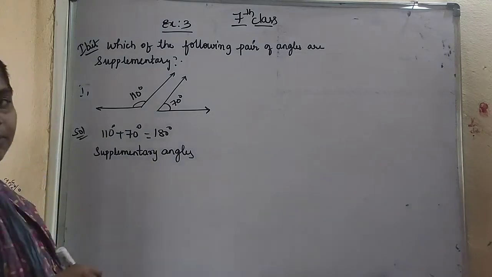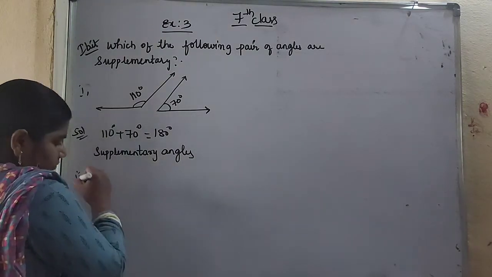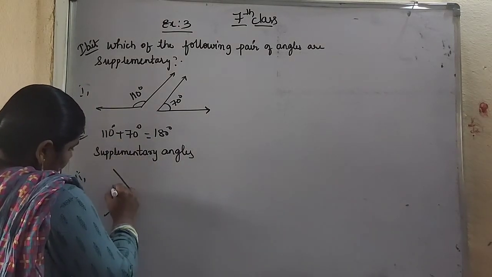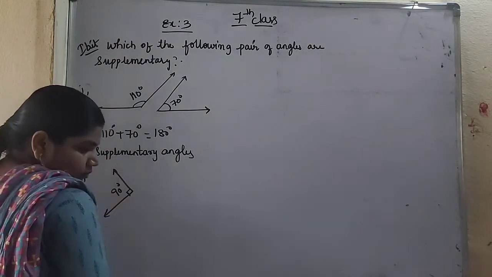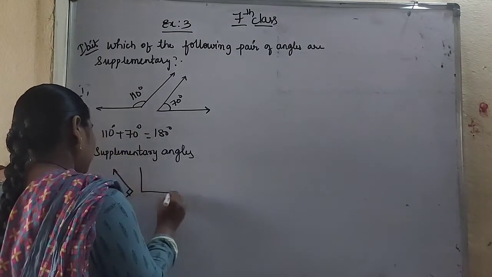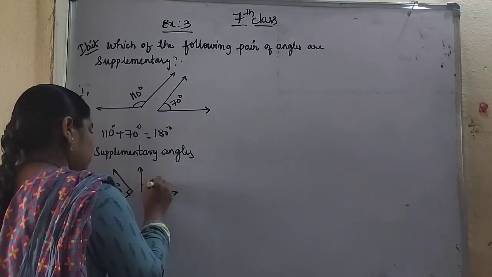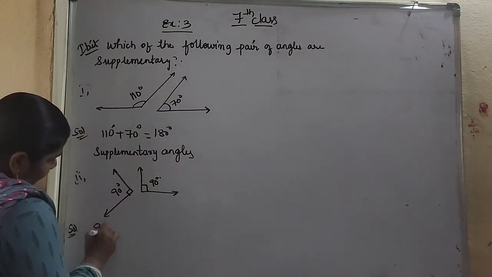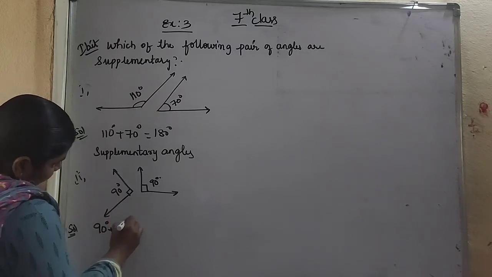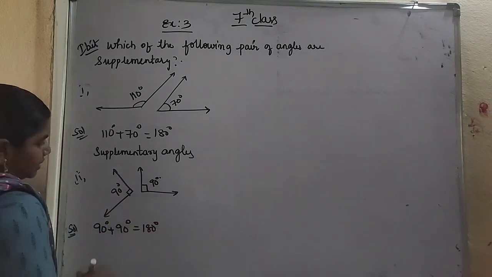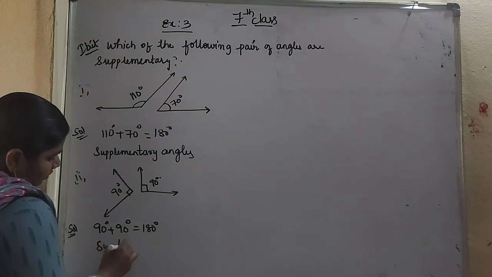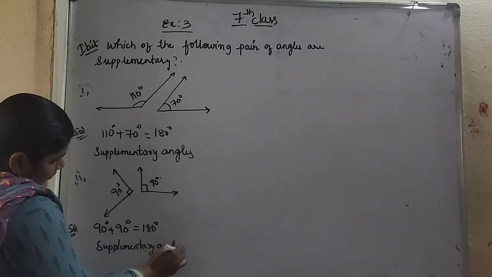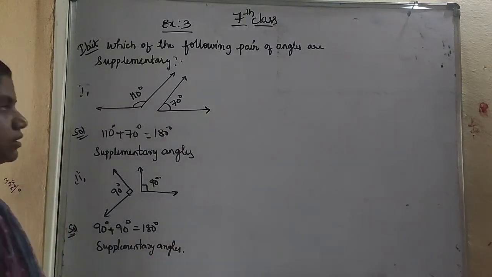Second one, 90 degrees. So 90 plus 90 is how much? That is 180 degrees. So these are also called supplementary angles.